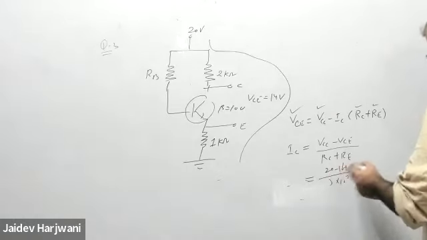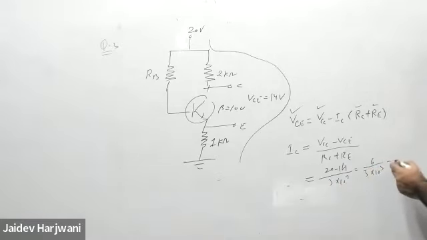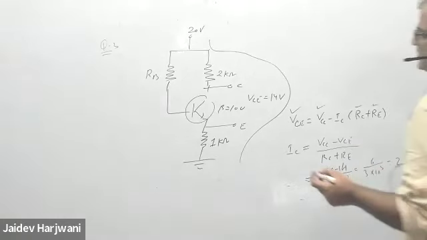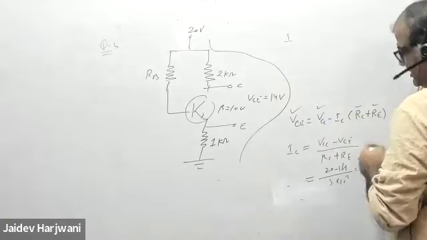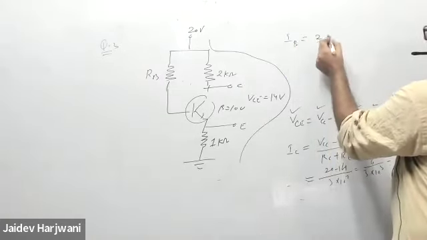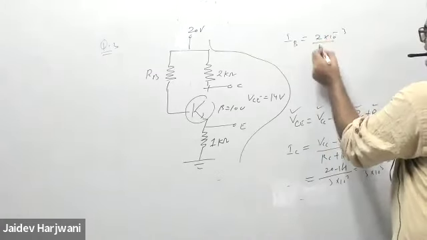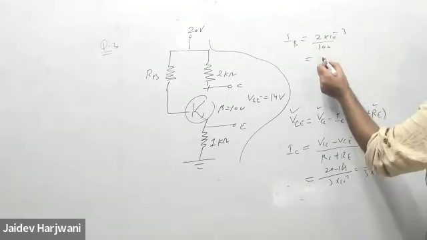So how much comes? 6 by 3, so 2 milliamps. Very good. So IC is 2 milliamp. So what is the value of IB? 2 milliamps is IC, so IB is IC by beta, divided by beta 100. So how much will come? 20 microampere.